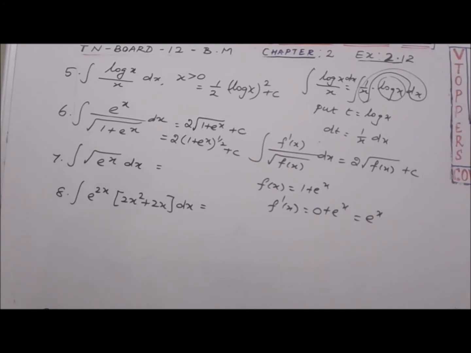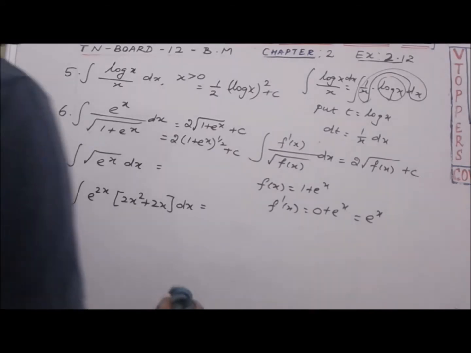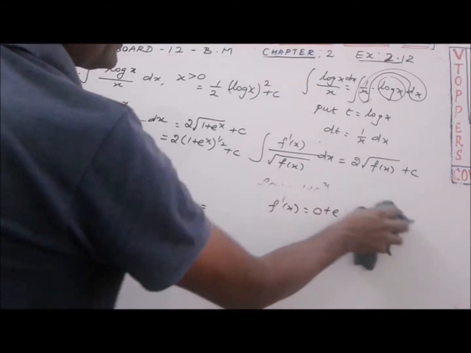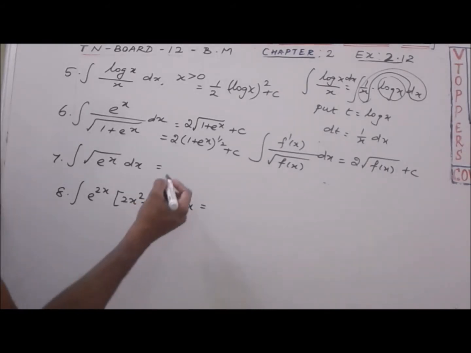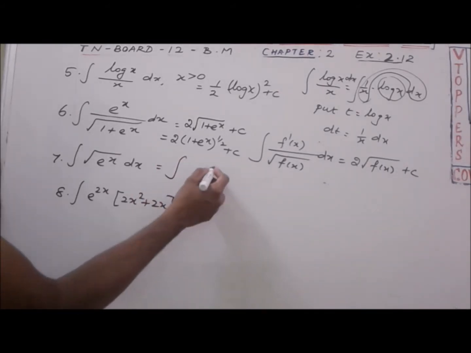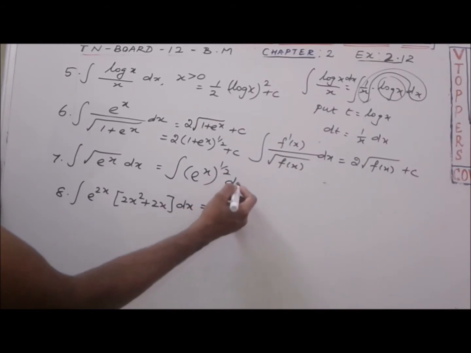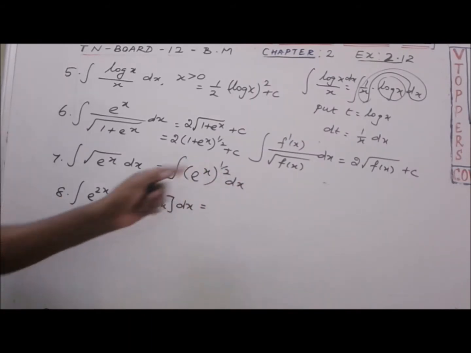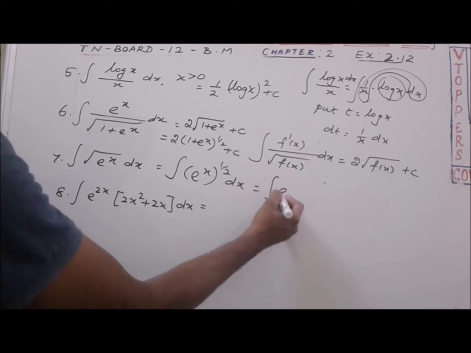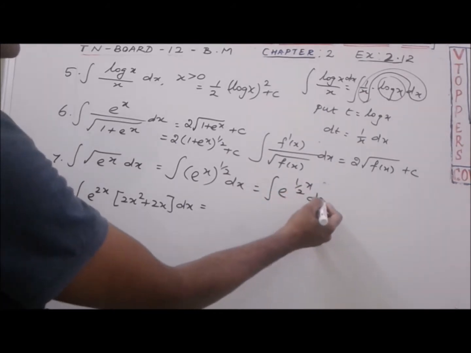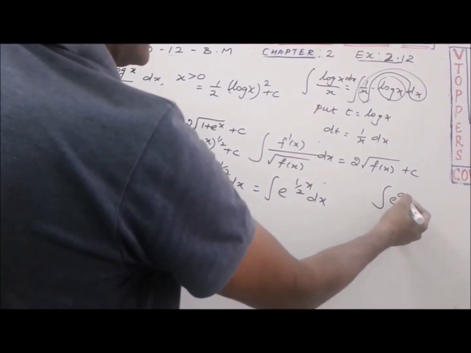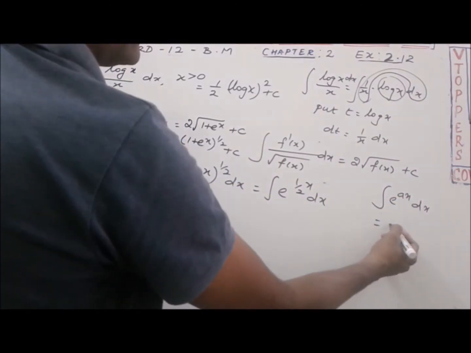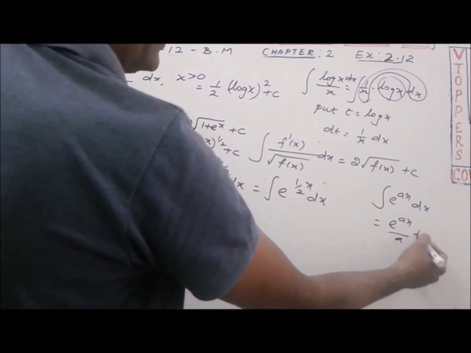Now question number 7: square root of e power x dx. It can be simplified into integral (e power x) whole power half dx. Multiplying the powers, that is equal to integral e power 1 by 2 x dx. Now we have converted it to the form integral e power ax dx, which is equal to e power ax by a plus c.